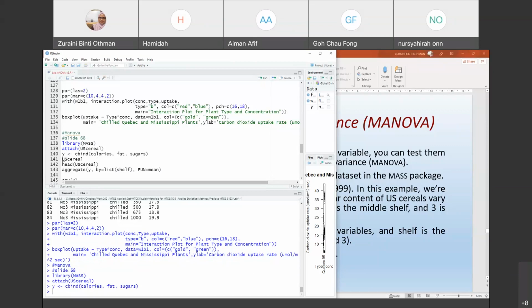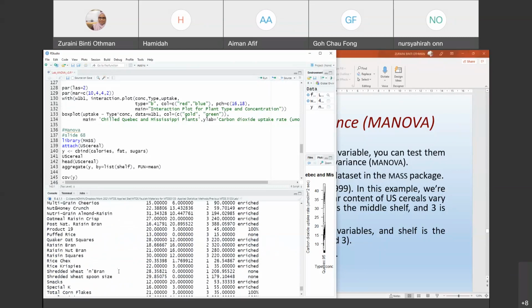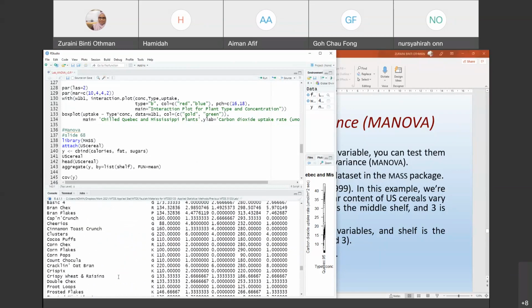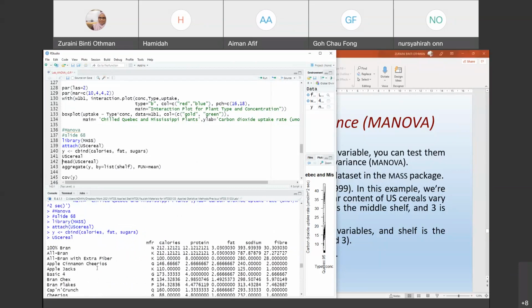Then from this we can see how the data looks as cereal. Now we can see this data set, which is in a matrix. This is the real data set, which contains this, and this is in the column.